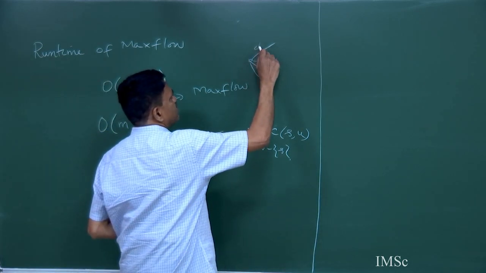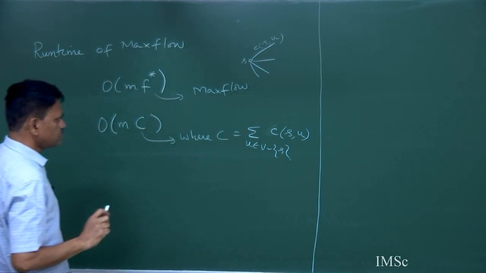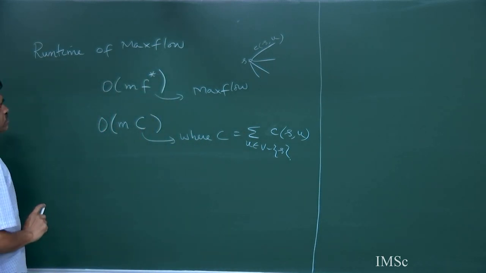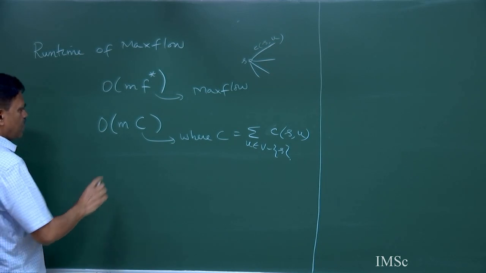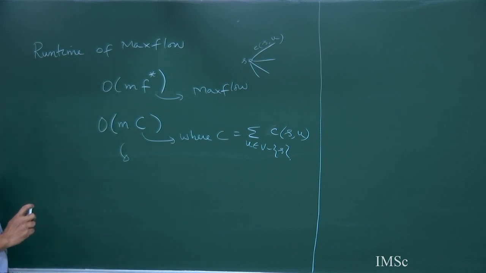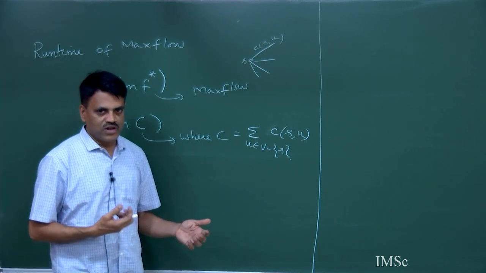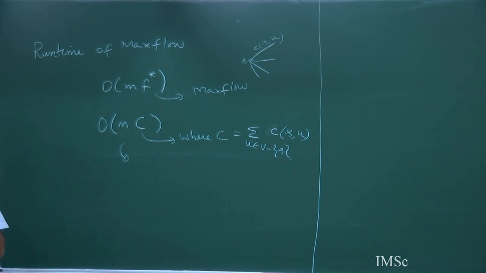This is the capacity on these edges. And even this is not so nice, because the time depends on the values on the input, and I would really like what is called a strongly polynomial time algorithm, where the running time depends only on n and m, the input size.